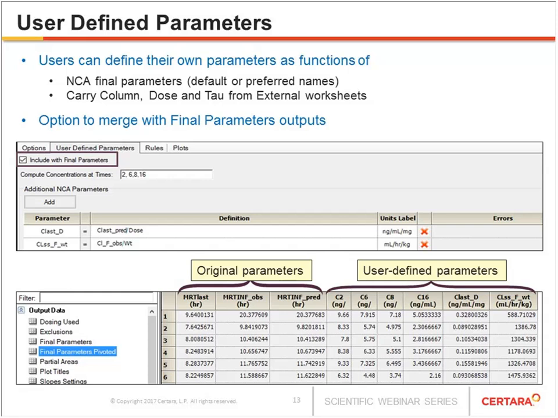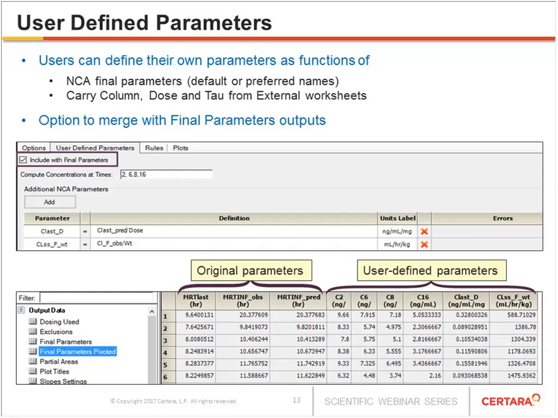Phoenix cannot calculate the units for you because the arithmetic combinations are infinite, and it might not get the accurate units. But you need to put your own units in, and then those units will be carried through to the tables at the end. The second example is a weight-adjusted clearance.